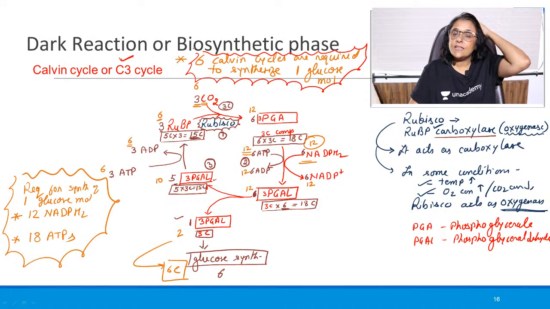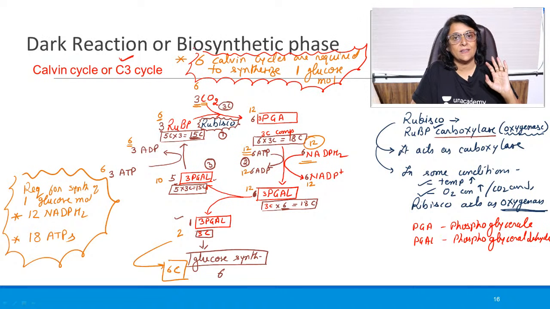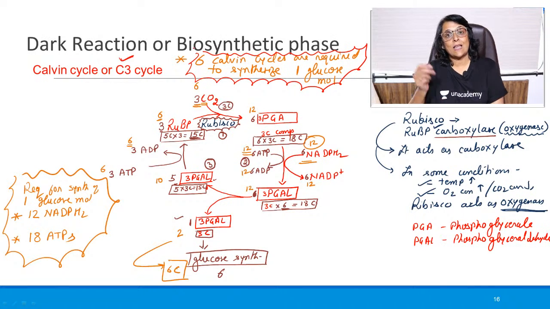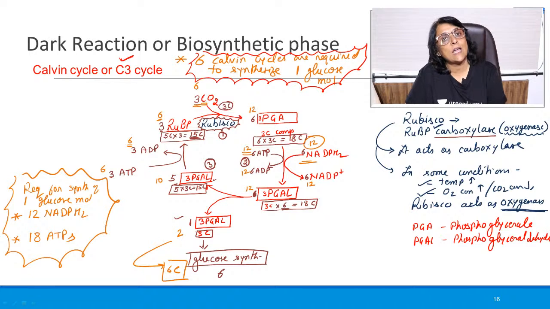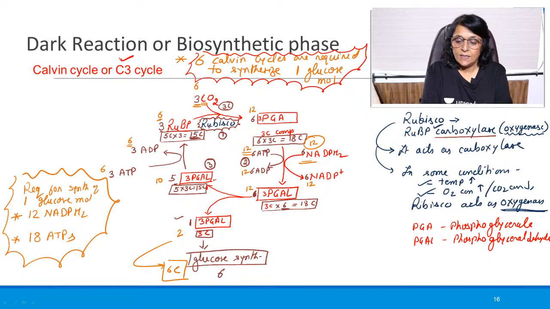Dark reaction is basically reduction of carbon dioxide to obtain carbohydrate. So carbon dioxide is accepted. First step is carboxylation. It is accepted by RUBP and we call it carboxylation of RUBP. This is done in presence of an enzyme, that is Rubisco.